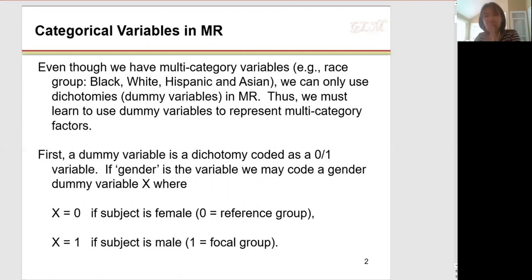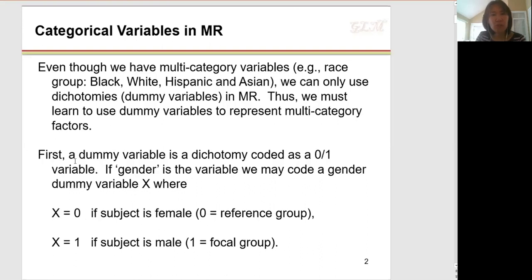So white and all others. So that is the second dummy variable. And are you Hispanic? So Hispanic versus non-Hispanic. So that is a third dummy variable, right? So we're gonna make dummy variables from the one single categorical variable today, all right?